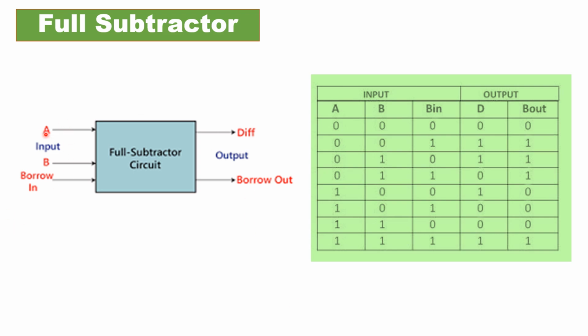The input A represents the minuend, the bit to be subtracted from, and B represents the subtrahend, the bit to subtract. Bin represents the borrow from the previous stage. Similarly, the outputs are the difference, which represents the result of the subtraction, and Bout, the borrow out, which indicates whether a borrow is needed for the next stage.